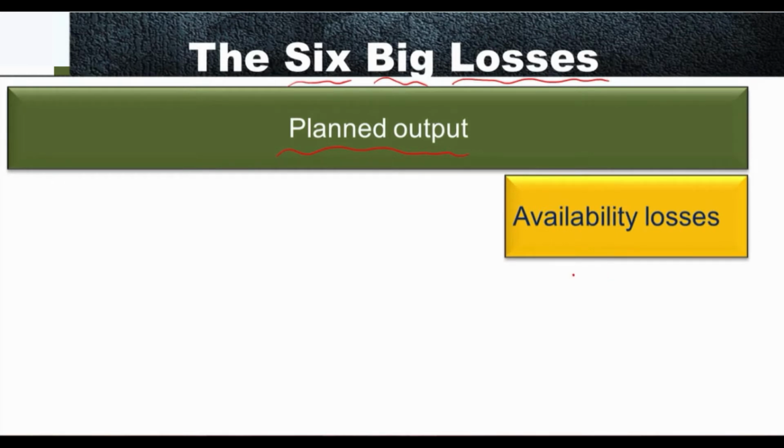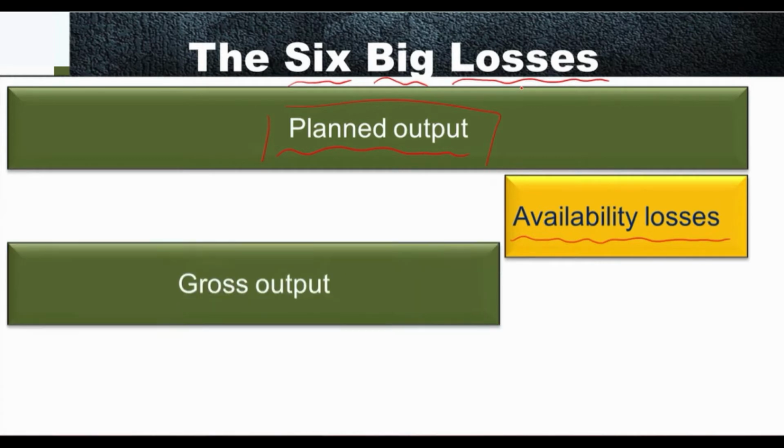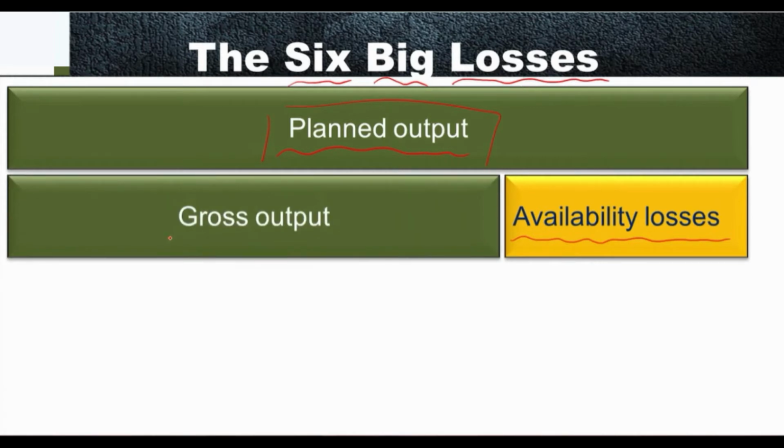Breakdown, okay, so if for instance the equipment that you're working with breaks down, and second of all, changeover and setup time, so the time that is needed to change the equipment or replace the equipment to deal with another form of production. And when the availability losses are actually reduced from the plant output, we actually end up with something that we call gross output, all right?